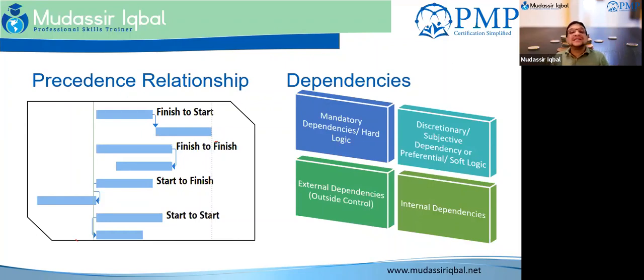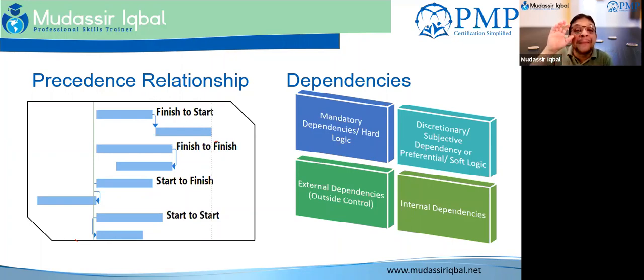Then it comes to a discretionary relationship, something that is subjective, something that is better or a standard way of doing it. At the end of the day, you would like to maintain the subjective or discretionary relationship, but because of some scheduling requirements or some project challenges at a later stage, you may opt to remove it.